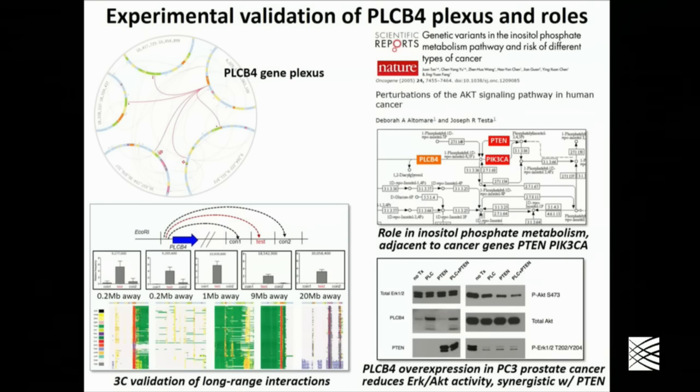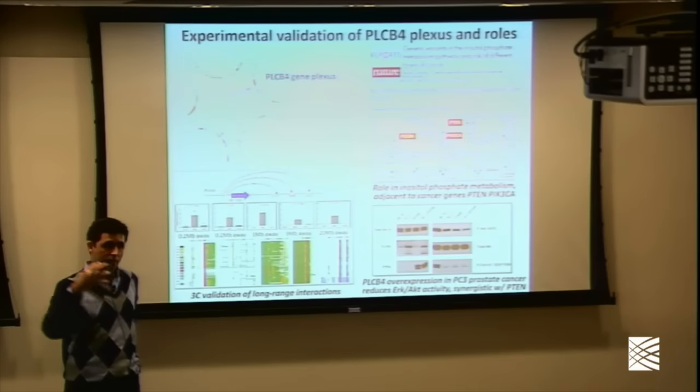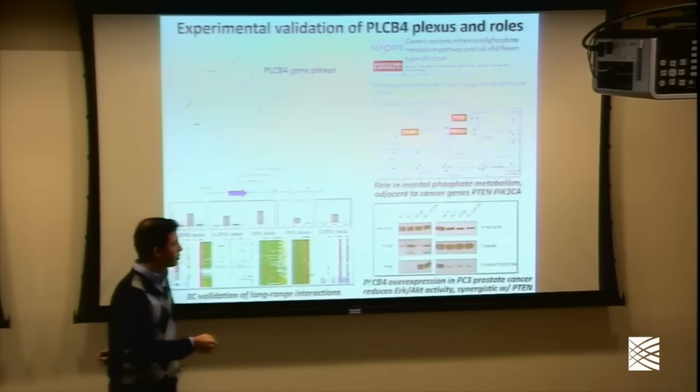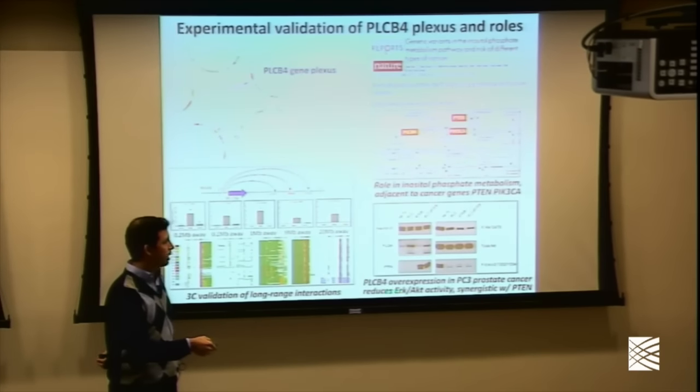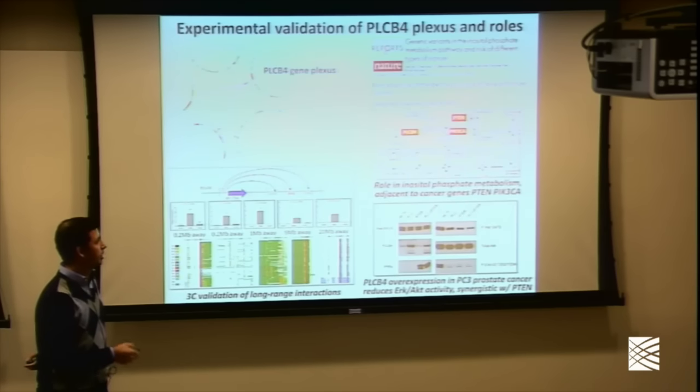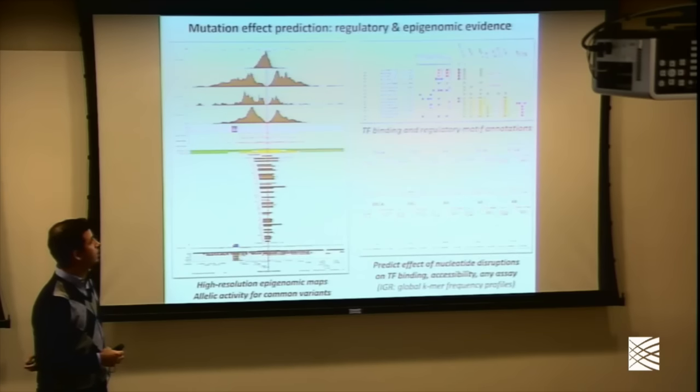So one could have predicted it simply by looking at the network diagram here, but the non-coding mutations would have been very difficult to elucidate without this higher level convergence. And indeed, when we overexpress PLCB4 in PC3 prostate cancer cells, we find that it reduces activity of ERK and AKT, which is synergistic with PTEN. So we can validate the gene at that level.